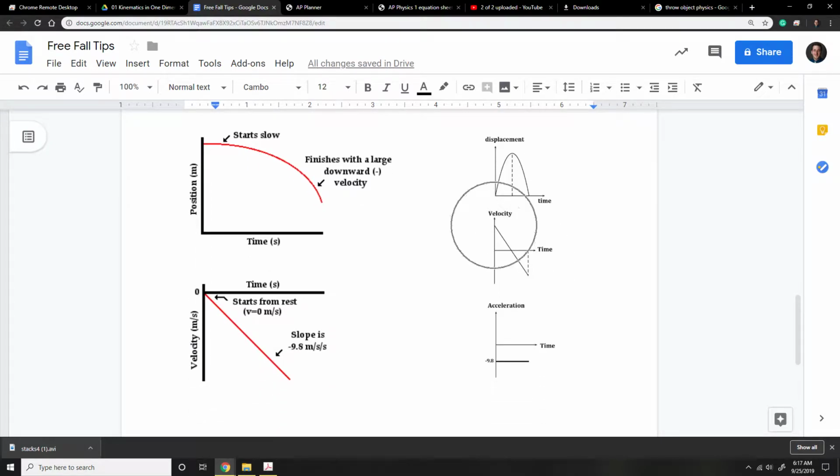Our velocity is positive, the slope is positive in the beginning. Then the slope turns to 0. At this point, the slope is 0, which means the velocity is 0. And then, of course, the velocity gets more and more negative as it falls back down. And the slope of this is negative 9.8, which looks like that right there. That's the acceleration, negative 9.8. So I hope that helps clear some things up about free fall.